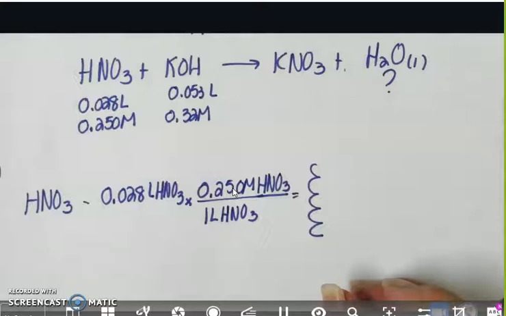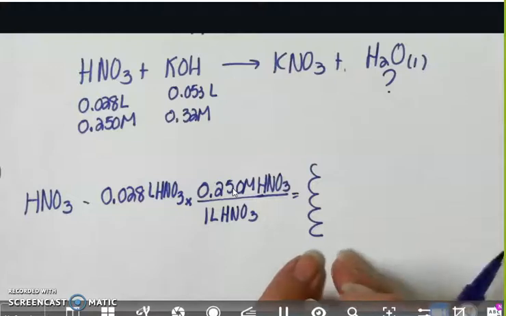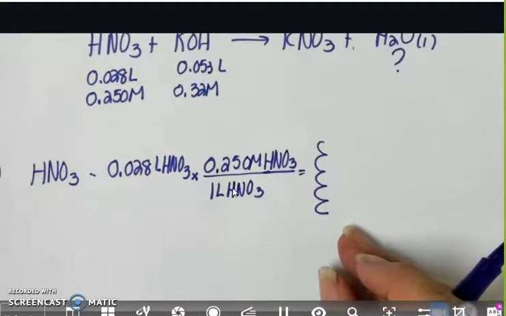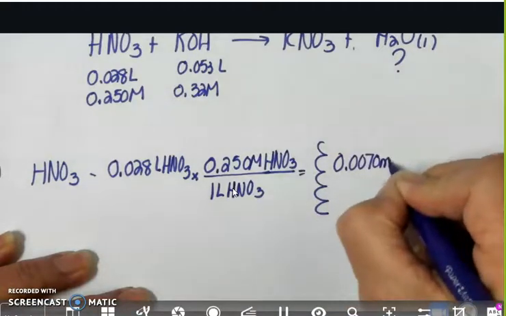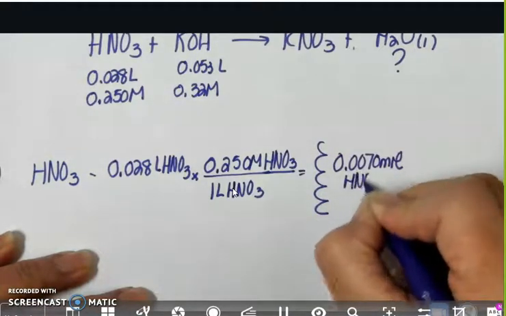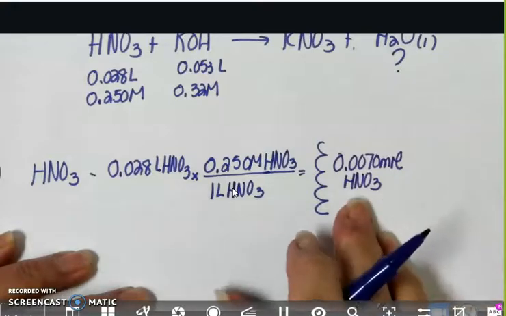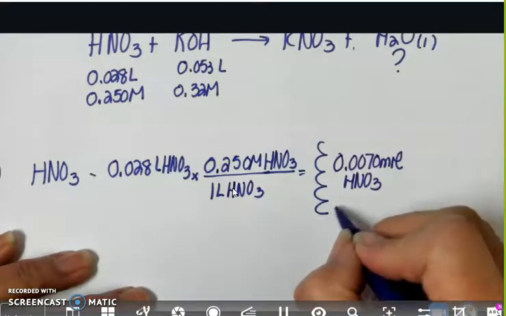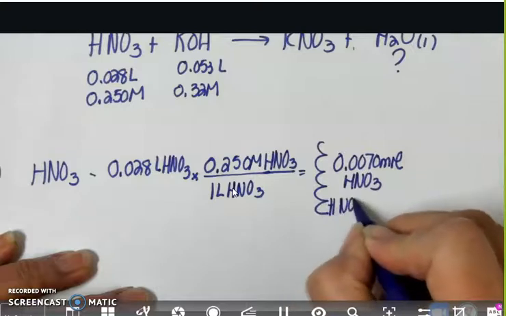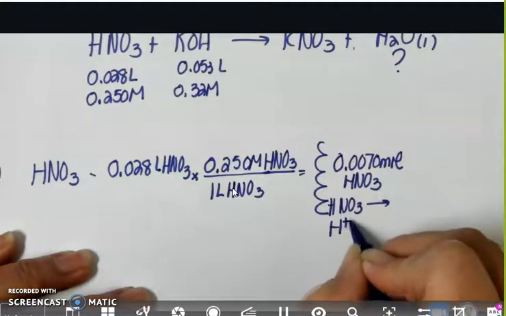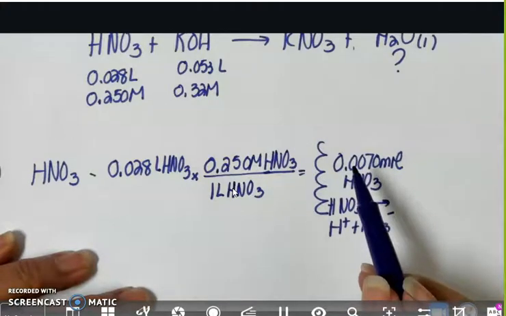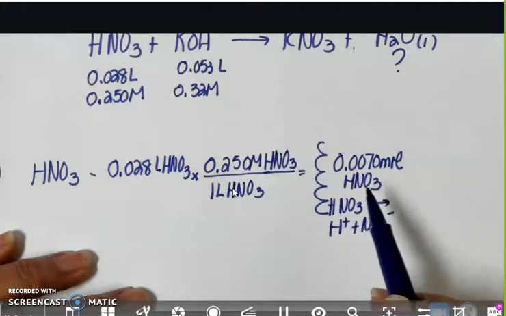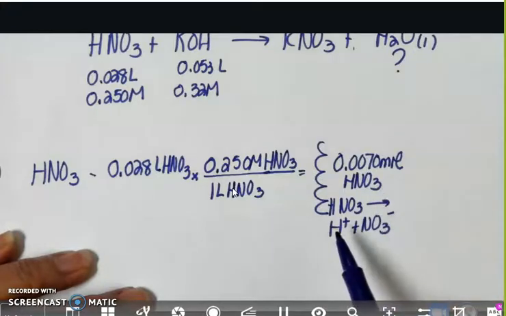It doesn't ask for the spectators on this one. So remember how we stop here. We calculate what this value is. This is mole HNO3. Now that I know how many moles of HNO3, I know that HNO3 goes to H plus and NO3 minus. So if I have 0.0070 moles of HNO3, how many moles of H plus will that be?